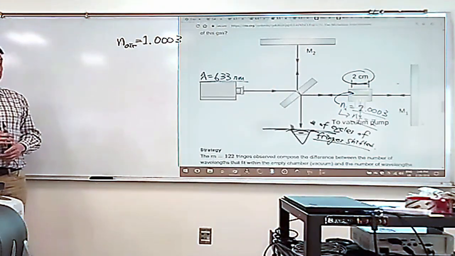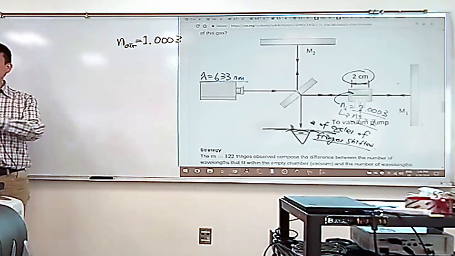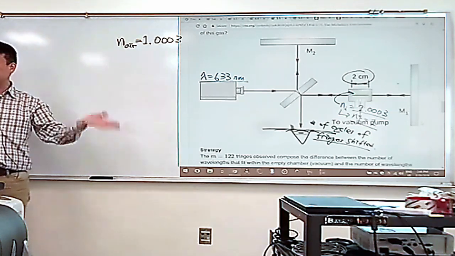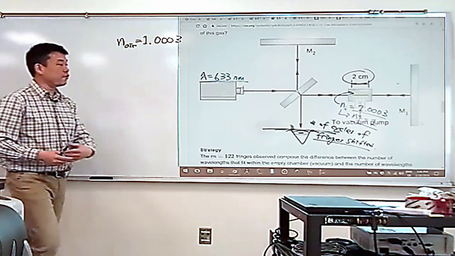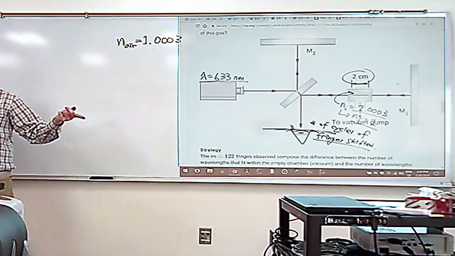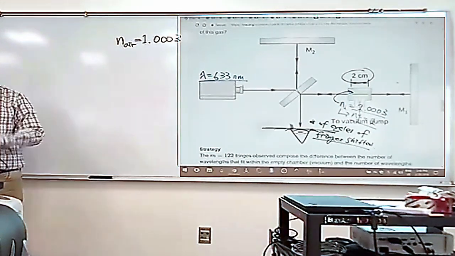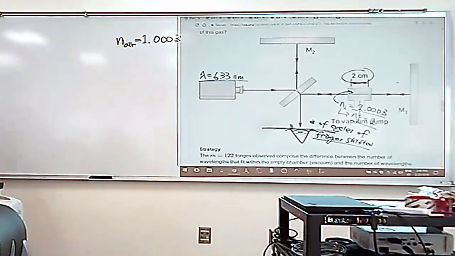Okay? So that's going to lead to some amount of phase difference from the reference phase we had. And that's going to turn into the number of cycles of fringe that you will see. So let's just take a quick estimate in the number of the cycles of fringe shifted and see if that's something that one could expect to reasonably measure.